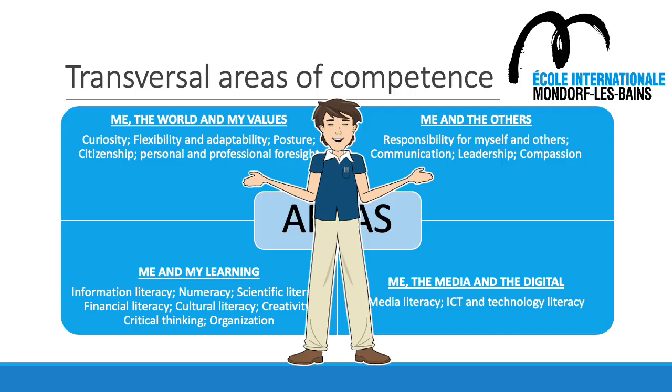Me and my learning focuses on competences necessary to become an autonomous, reflective, and responsible learner. Me and the others highlights social and communicative skills. Finally, me, the media, and the digital addresses the challenges of today's and tomorrow's digital world.